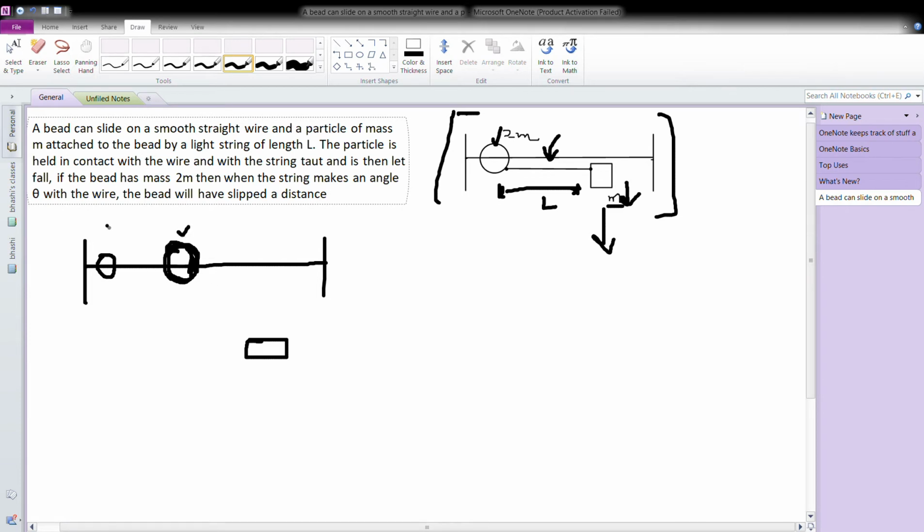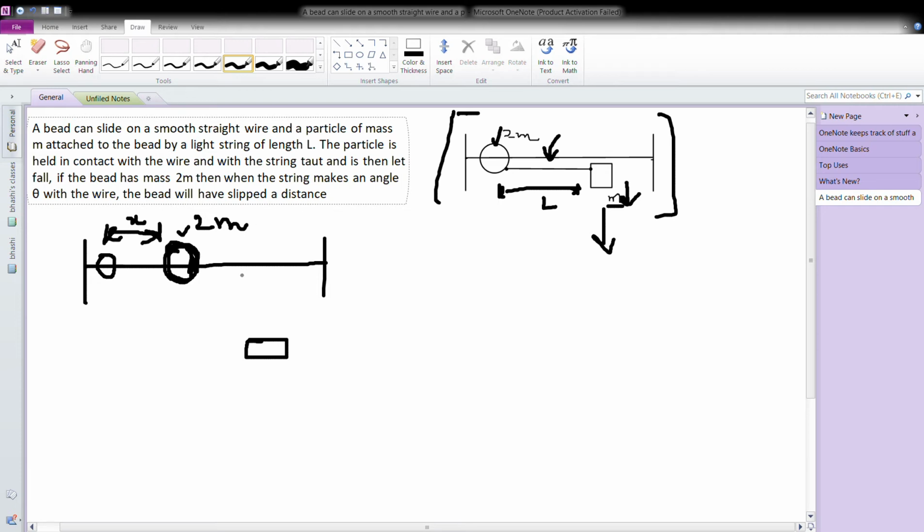Okay, so let's say the displacement of our bead is x. In the question it says that the particle is then let to fall, and the bead has mass 2m, so the mass of the bead is 2m. When the string makes an angle of theta with the wire, the bead will have slipped a distance.